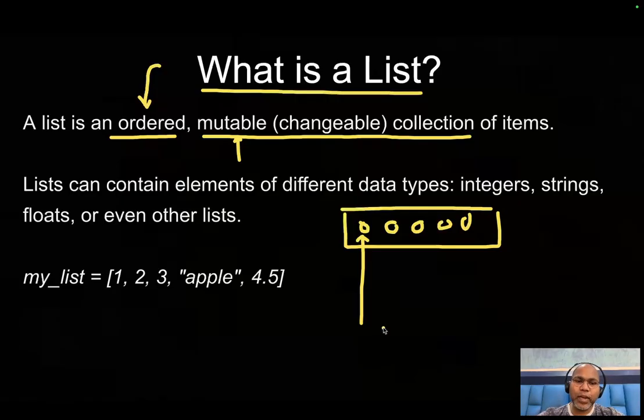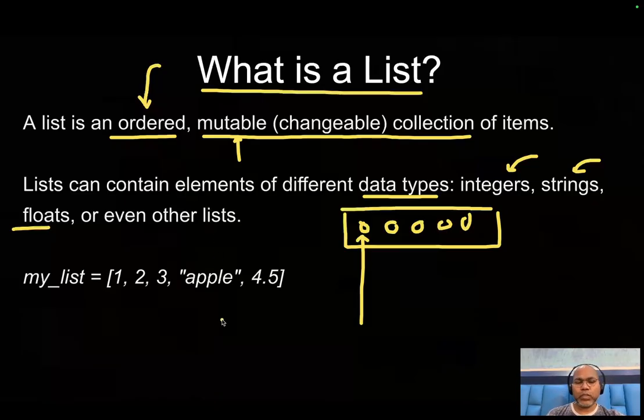A list can contain elements of different types. Whenever you define the list, the elements may be integer, string, float, or even any other complex object.